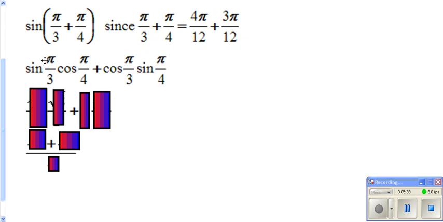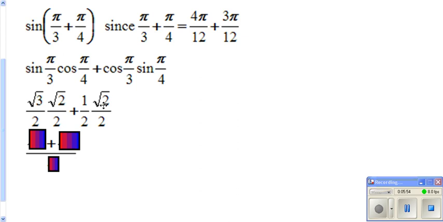All these are ones you're supposed to have memorized: the sine of pi over 3, cosine of pi over 4, cosine of pi over 3, sine of pi over 4. Once again, you're going to multiply your fractions together. You get a root 6 over 4, plus 1 times your root, or root 2 over 4, so you could write it as one fraction.